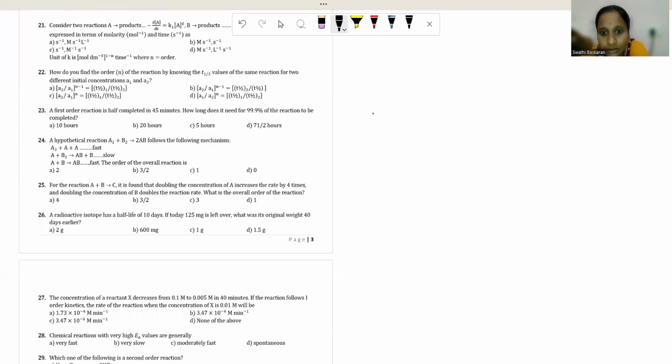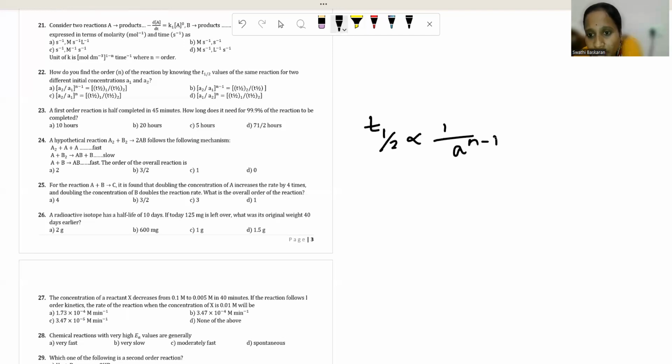Basically we know that for the nth order reaction, t half is directly proportional to 1 by a to the power n minus 1.